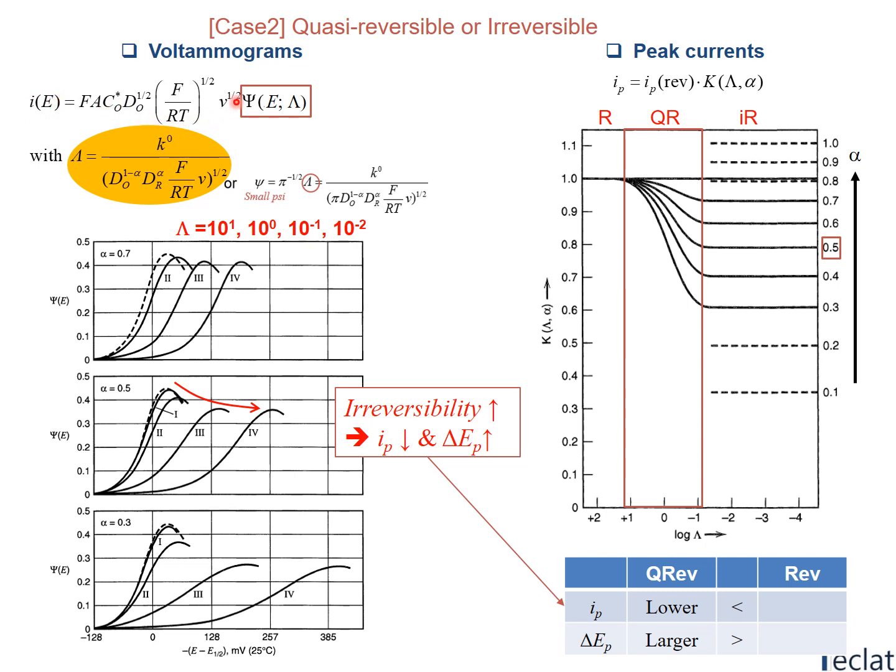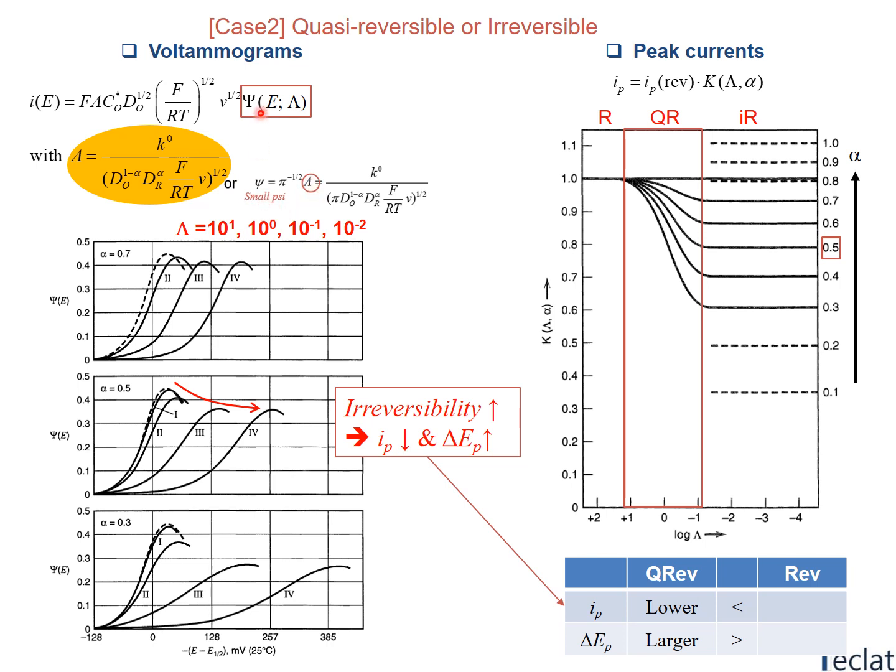The first term is the potential independent, and the second term is the potential dependent term. And here's the lambda, defined by the charge transfer and mass transfer.